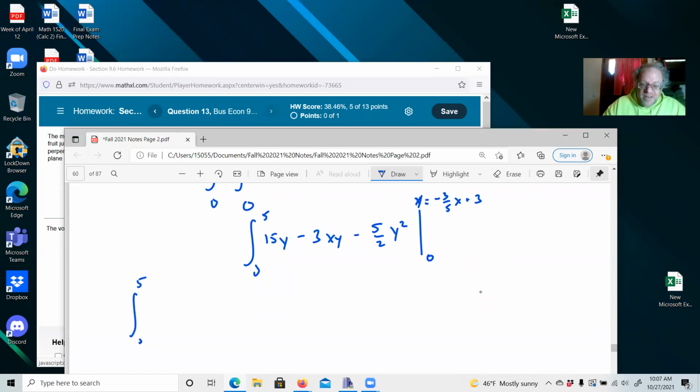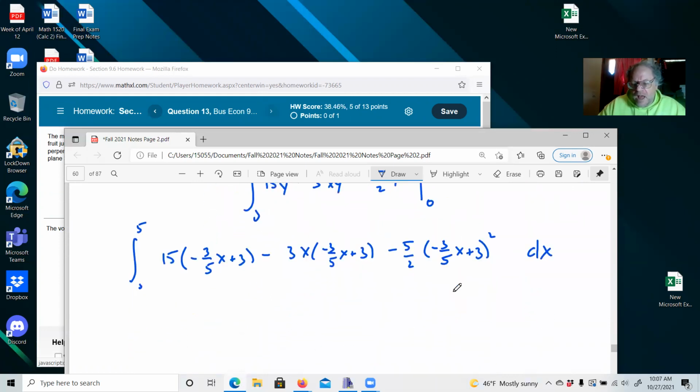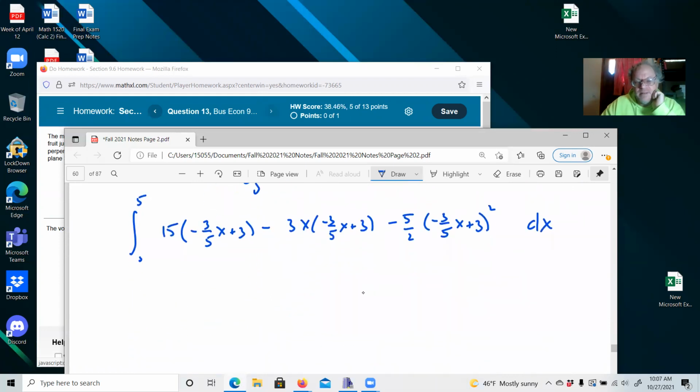So from 0 to 5, we have 15 times negative 3/5 x plus 3, minus 3x times negative 3/5 x plus 3, minus 5/2 times negative 3/5 x plus 3 squared, dx. All right, I think I'm going to stop here because now we just have a function with x's in it.